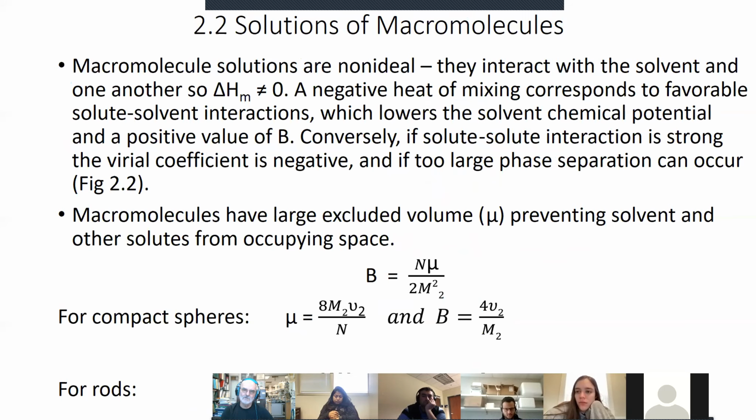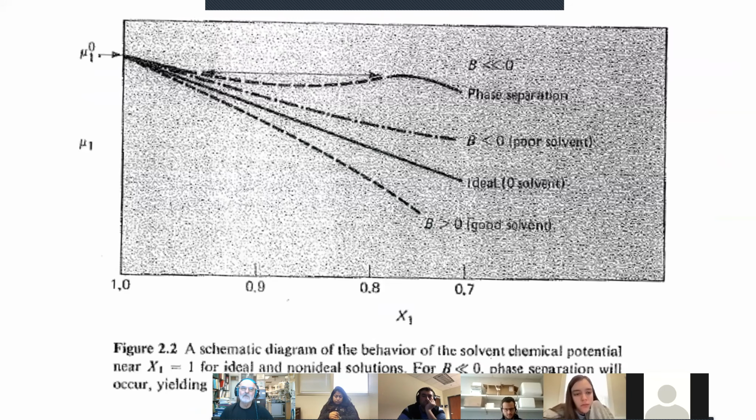Let me go to that equation because I want to describe it. The chemical potential of the solvent is reduced as you add solutes. If it's ideal, it's a straight line. That equation is a straight line equation. If it's non-ideal, then it will deviate from a straight line, and the deviation will depend upon the magnitude of the non-ideality.